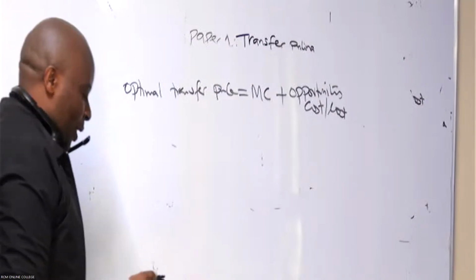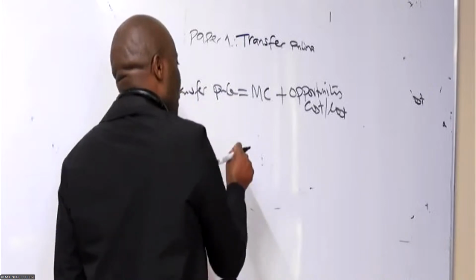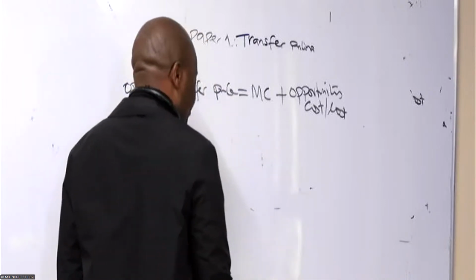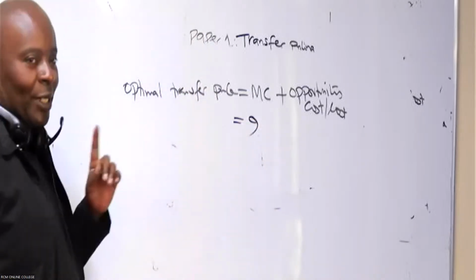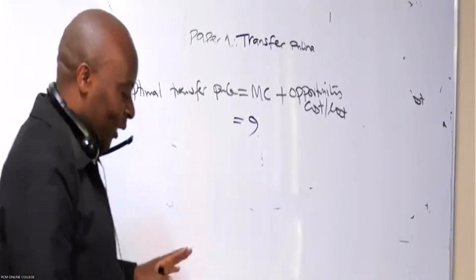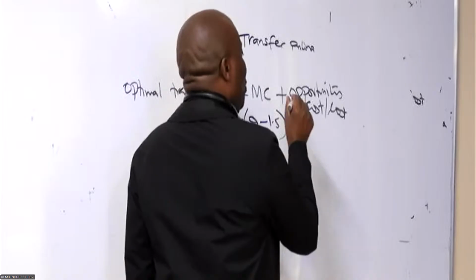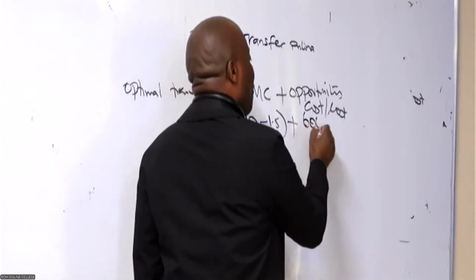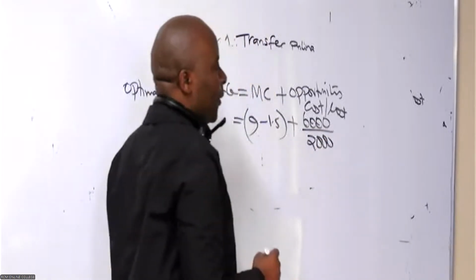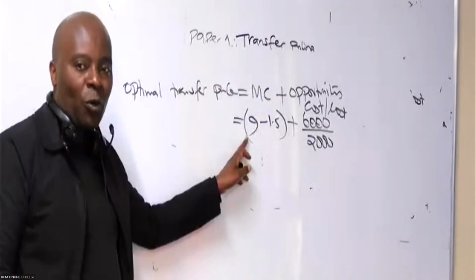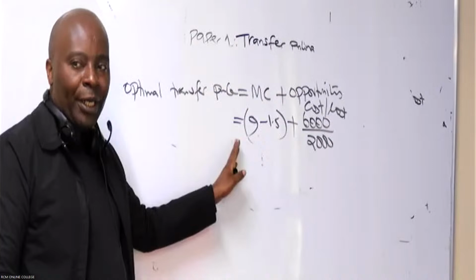Remember we have an alternative use for Z. The marginal cost still remains at 9, the variable cost, but don't forget we are still going to save on the packaging. And the opportunity cost here is the profit of 6,000, but from how many kilograms? 2,000. Remember, this is cost per kilogram, cost per unit.